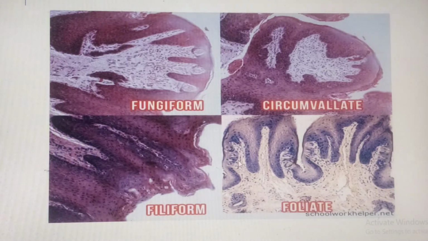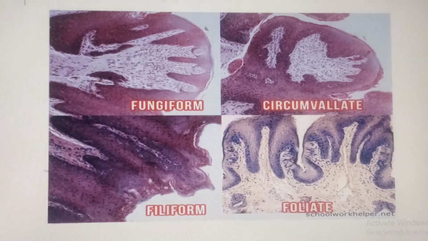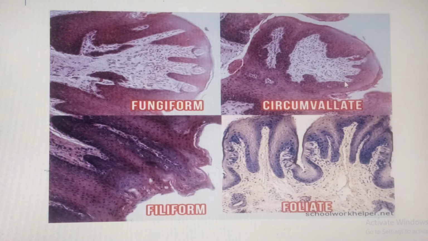Now again, apart from that, we look at the location. Those which are non-keratinized will have taste buds, and therefore we have to look at the location of the taste buds to distinguish between them. If the taste buds are found in the epithelial lining of the crown, the superior portion, then we call it fungiform papilla. If the taste buds are found on the lateral wall of the papilla, that is either circumvallate papilla or foliate papilla.